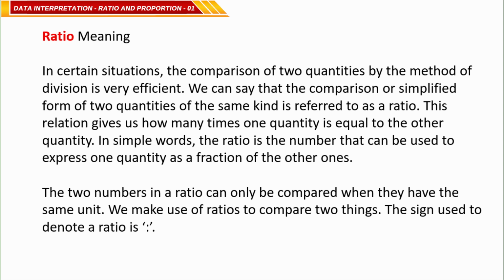We can say that the comparison or simplified form of 2 quantities of the same kind is referred to as a ratio. For example, 20 rupees and 100 rupees. When you compare 20 rupees with 100 rupees, 20 is 1/5 of 100 rupees. So the ratio you can say is 1:5, correct.